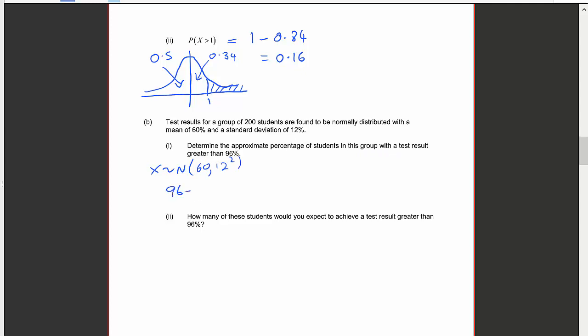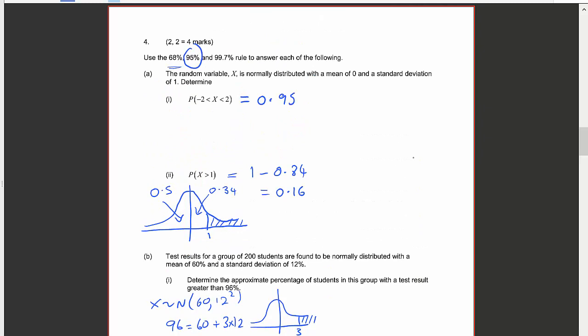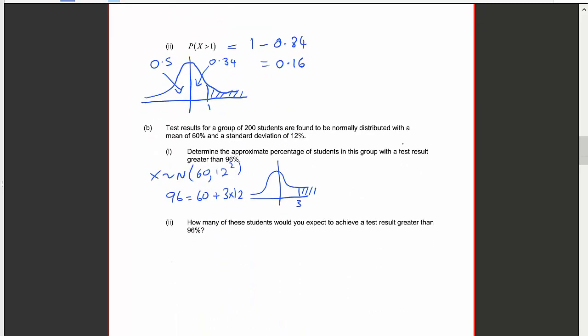Well, 96 is equal to 60 plus 3 lots of 12. So we're talking about students being 3 standard deviations above the mean. And we know that for that we can use the 99.7 figure.